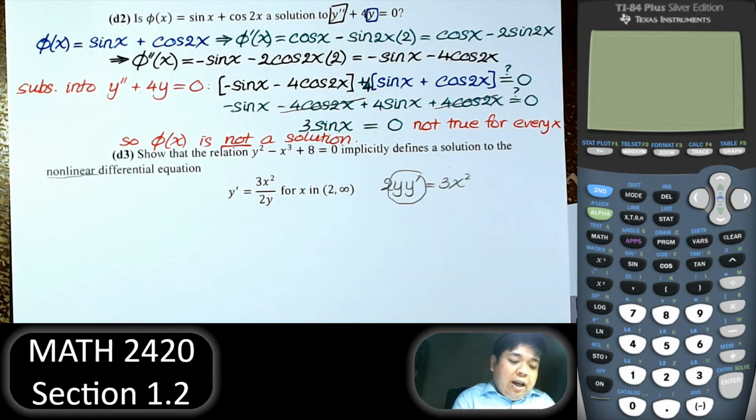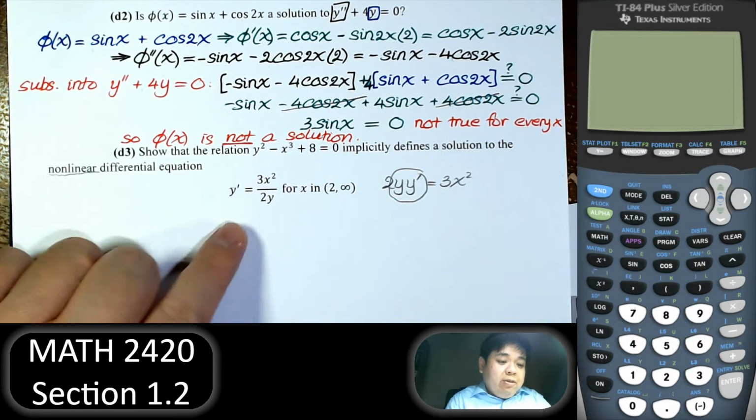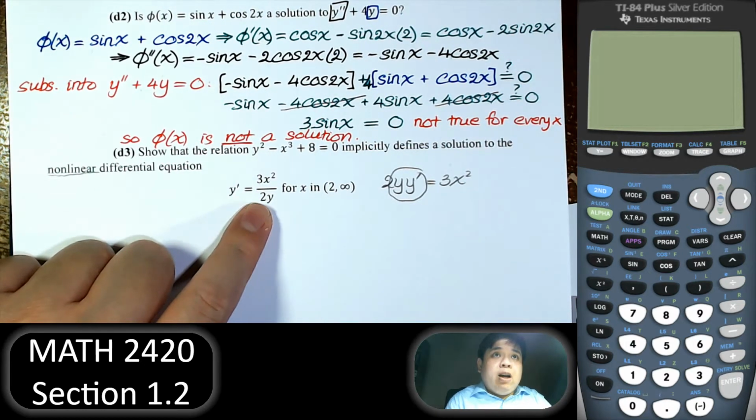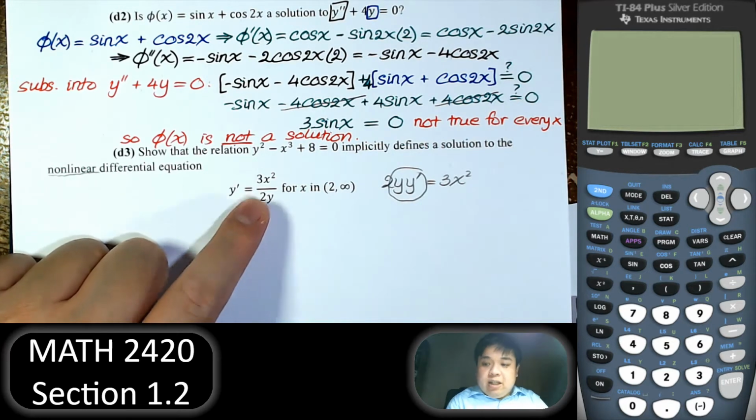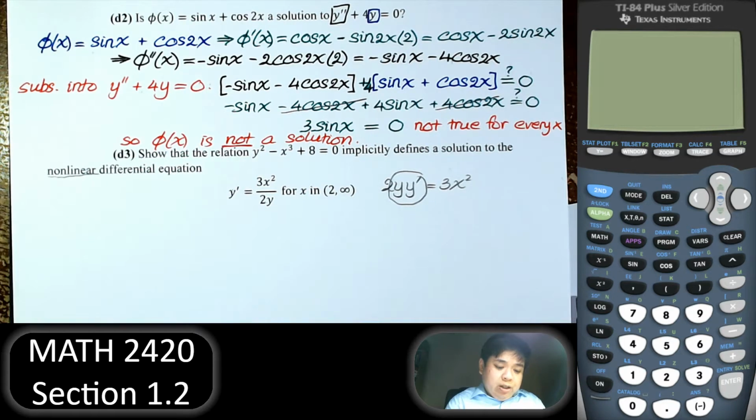Now, we will take the derivative, and then we simplify that to equal this. If it is true, then yes, it is a solution. So this is a foreshadowing of what we do in the next part of the section.